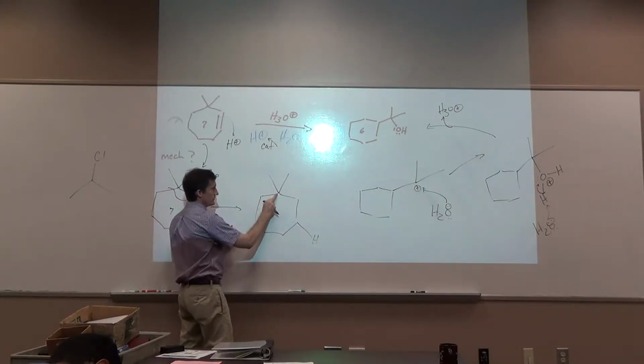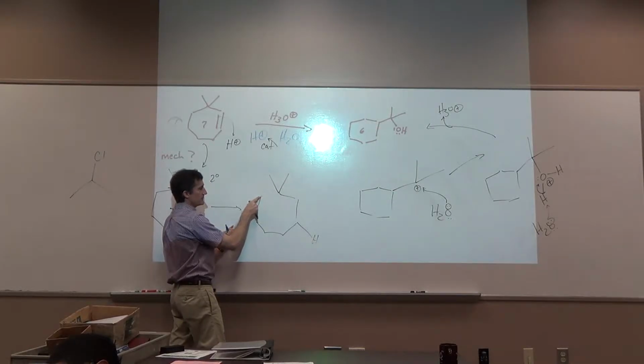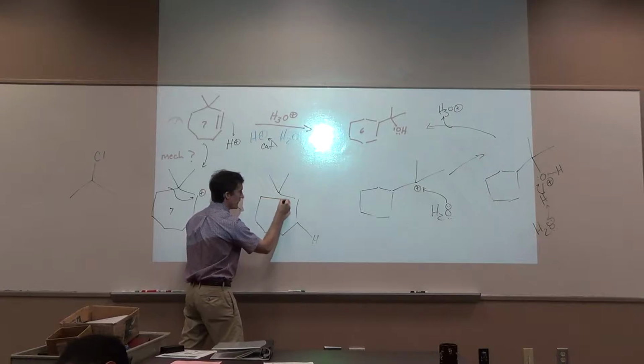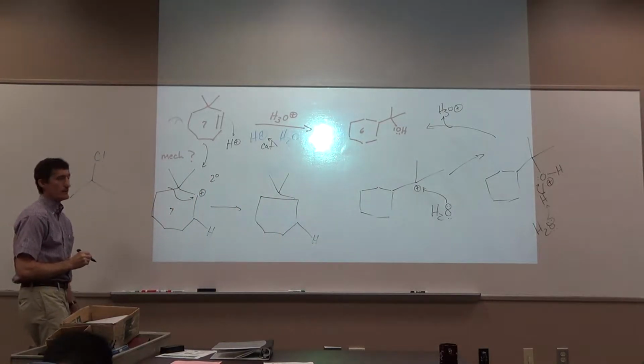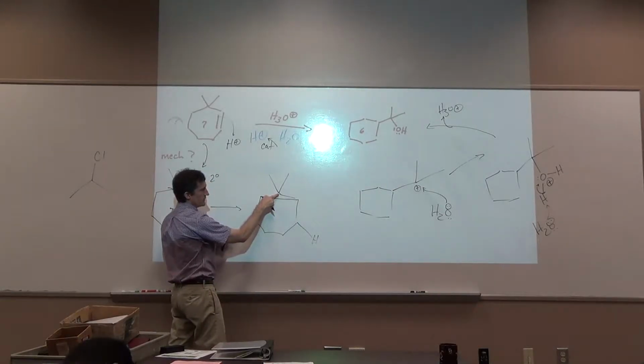Okay, what did we do? Took these electrons, there's the atom, and instead of these electrons binding to there, I binded them to there. Now, what should we show now on this carbon here that lost the bond?